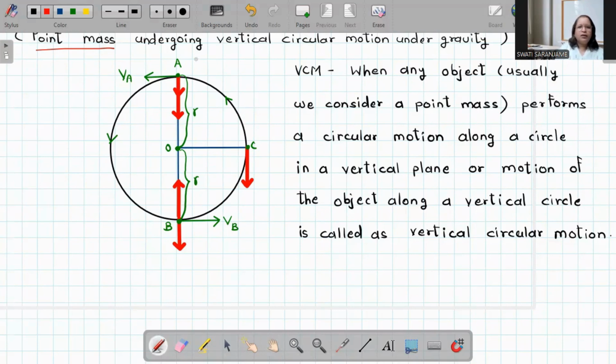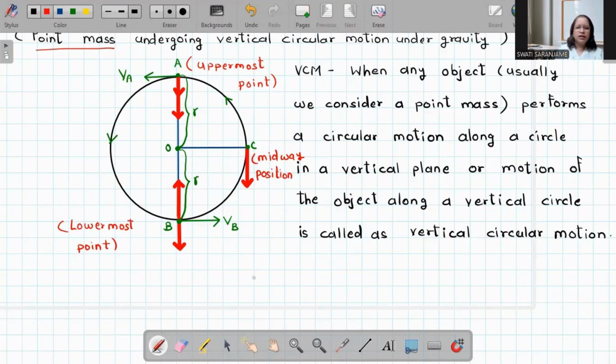Point A represents the uppermost point on that vertical circle. Point B represents the lowermost point. And point C represents the midway position.